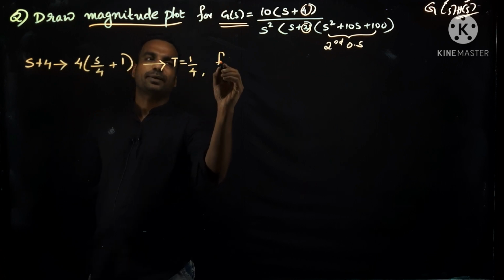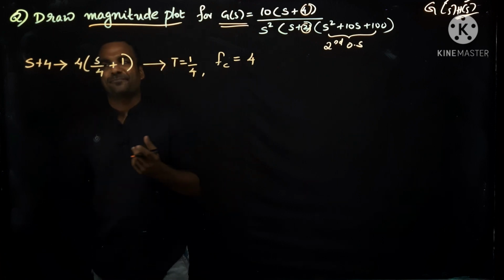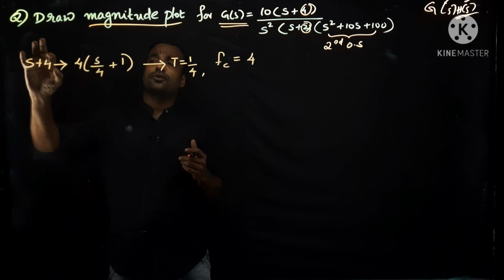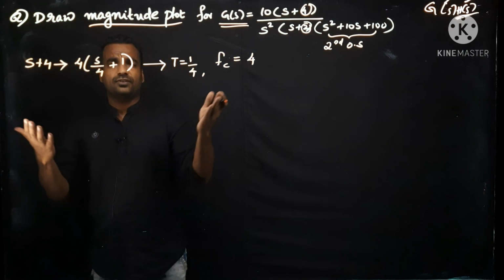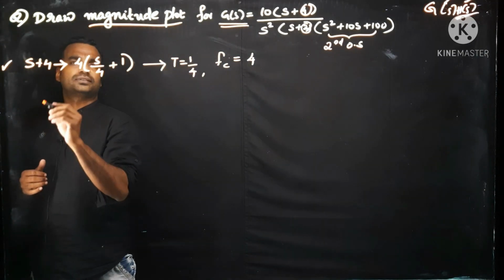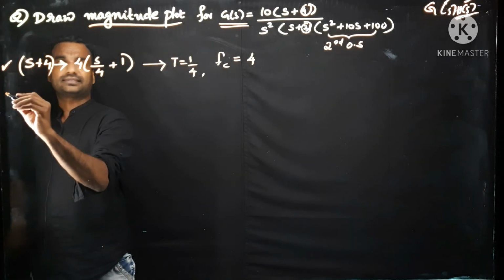As T is 1 by 4, the corner frequency is 4. Everything is okay. So the corner frequency can be stated directly from the non-standard form itself. Anyhow, this is the exact way. This is the first term, s plus 4. Now I will arrange the second term.